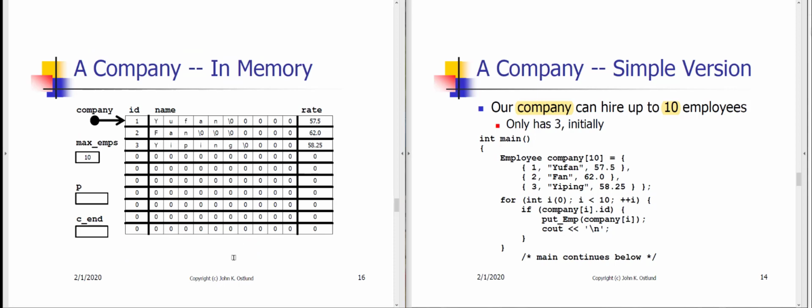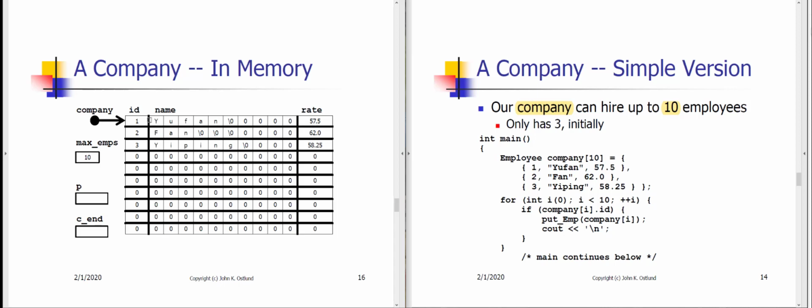All right, here on slide 16, we have a diagram of that array as it's laid out in memory and initialized. So company is an array of 10 structures. Each one of these structures has 4 bytes for the ID, an integer, 10 bytes for the name, which is an array of 10 chars, and then 8 bytes for the rate, which is a double.